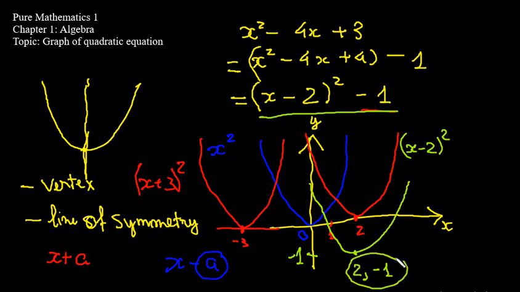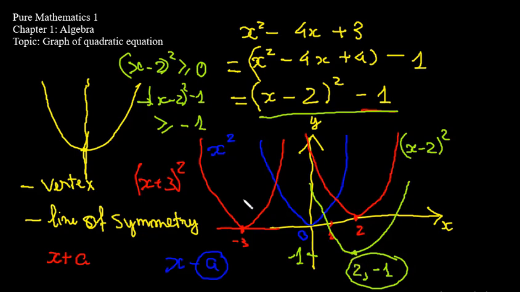Why? Because (x minus 2) squared is always greater than or equal to 0. So (x minus 2) squared minus 1 is greater than or equal to minus 1, so its vertex has to be this one because it is the minimum point this graph can get.